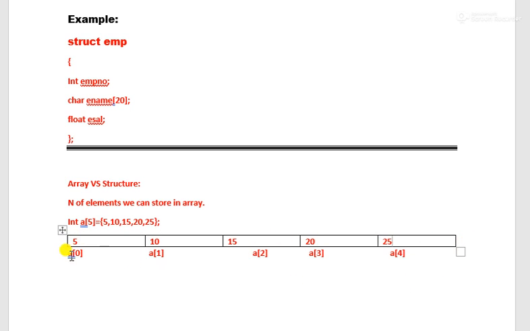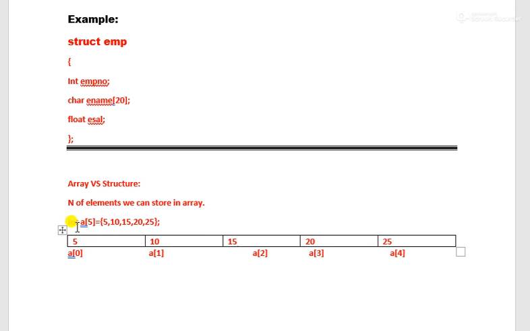Okay, and a0 has a different address, a1 has a different address, a2 has a different address, a3 and a4 all have different addresses. So in this way it will be stored in memory. Here all the elements are integers.